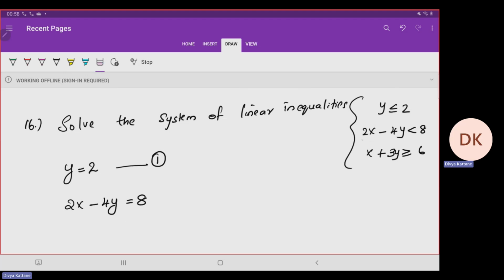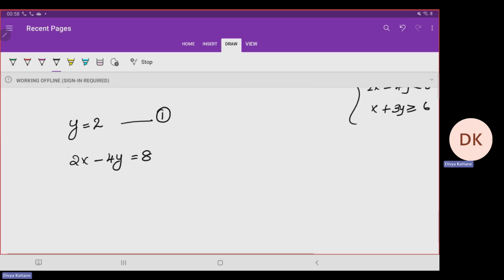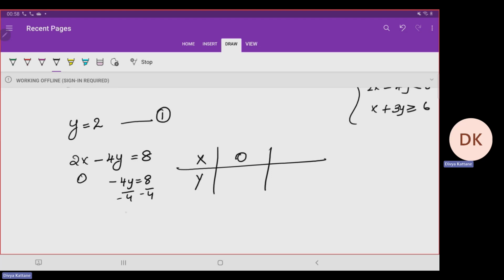So how will you draw the graph for this? For drawing the graph, you need a table for x and y. First put x equal to 0 and get the value of y. When x equal to 0, minus 4y equal to 8, or y equal to minus 8 by 4, which is minus 2.